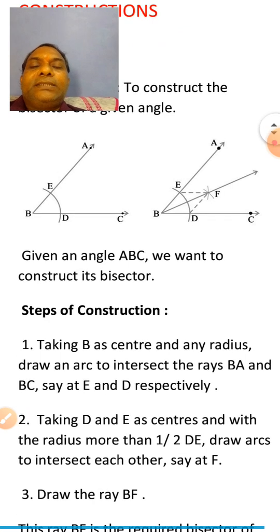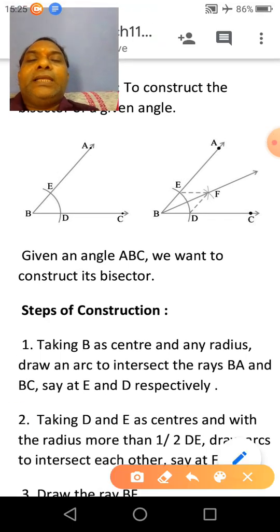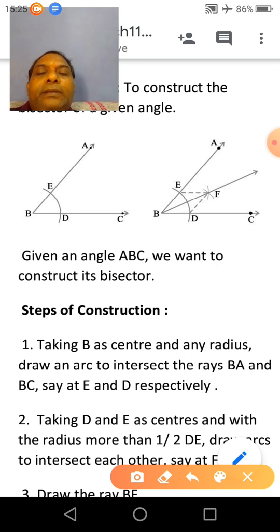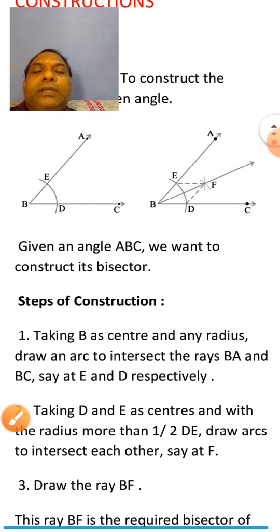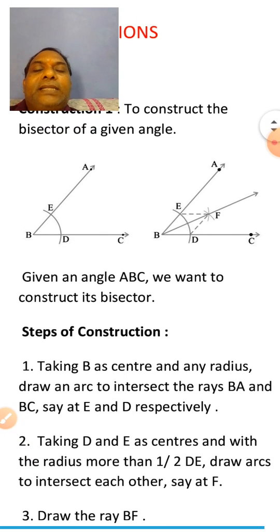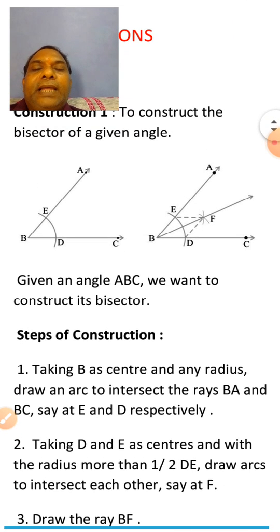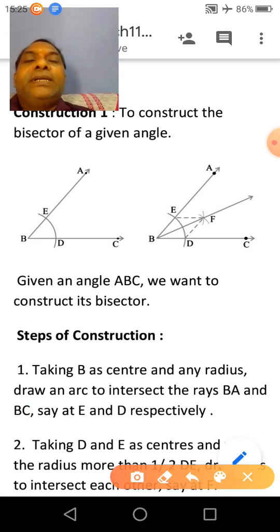You have to take a radius more than half of DE and draw arcs to intersect each other, say at F. Means D as center, draw an arc, and E as center, draw an arc which intersect each other at the point F. Clear?